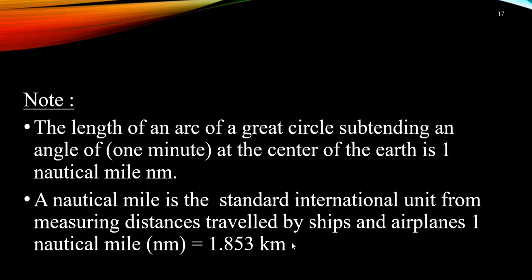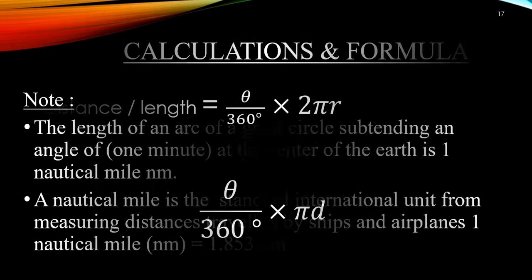Remember, latitudes and longitudes in mathematics and geography help us calculate distances between various places using their specific locations. These are just unit conversions. From nautical miles to kilometers, you multiply by 1.853 kilometers.